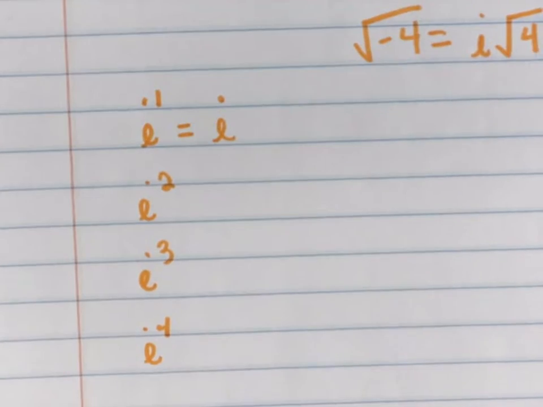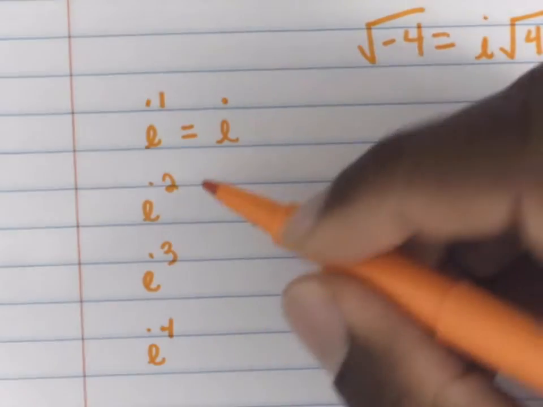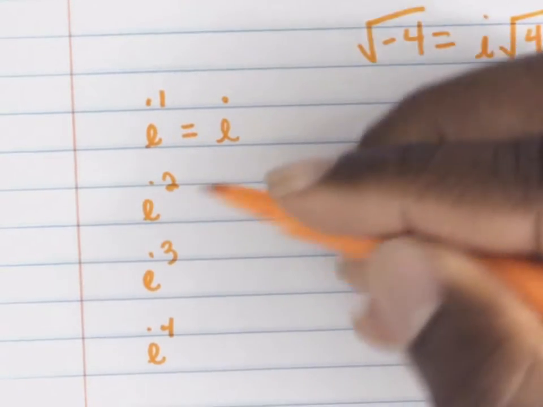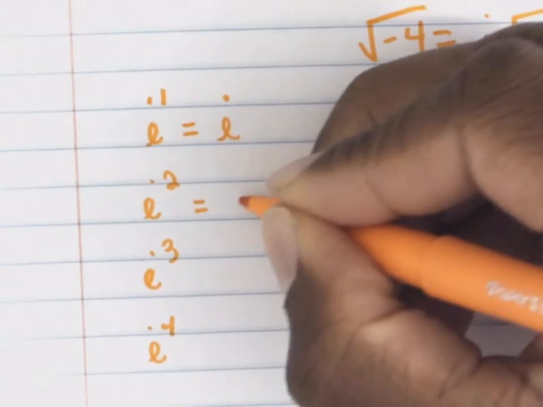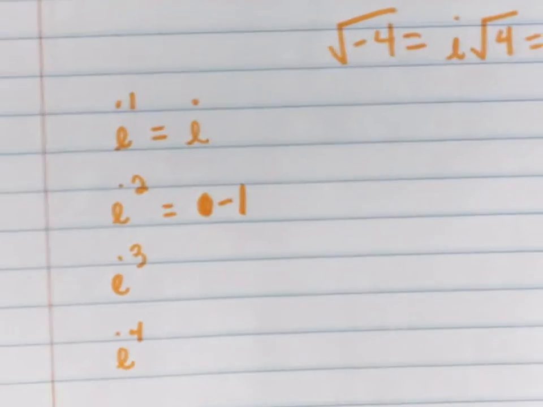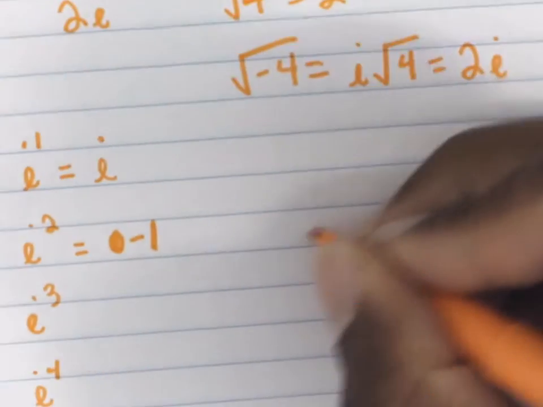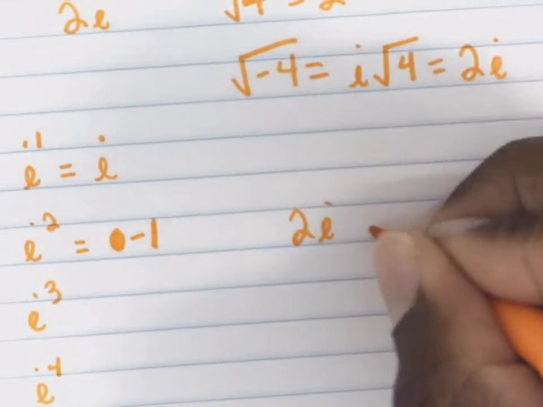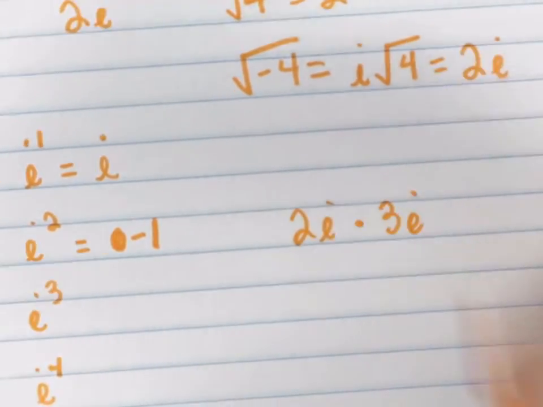Whenever you have I to the first power, it's just I. We can't change it. Whenever you have I squared, it results in negative 1. So what I mean by that is, let's say you had 2I times 3I.